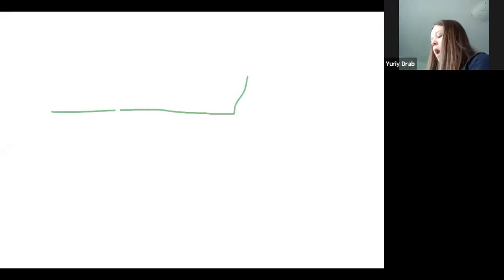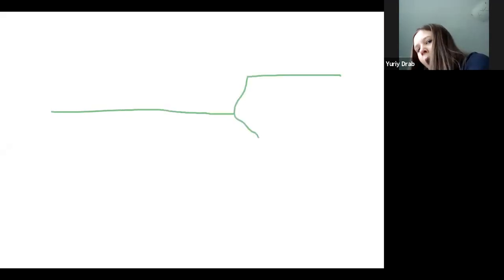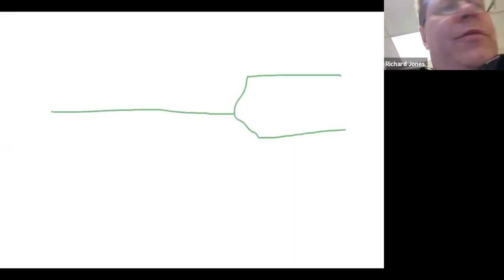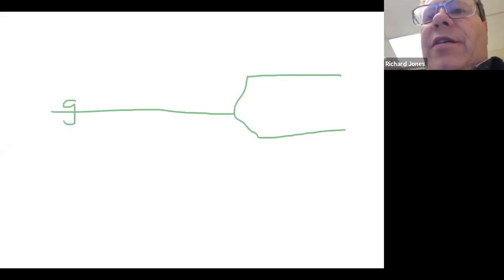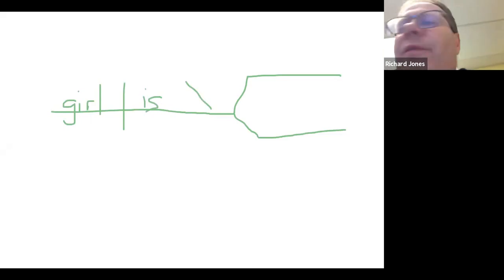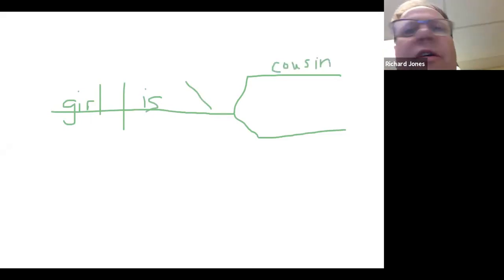Okay, so number 8 is the next one. The subject is girl. We'll split it at the end because you've got two predicate nominatives on this one. Girl is the subject, is the verb, pointing back now, your two predicate nominatives are cousin, which is renaming girl, and friend.